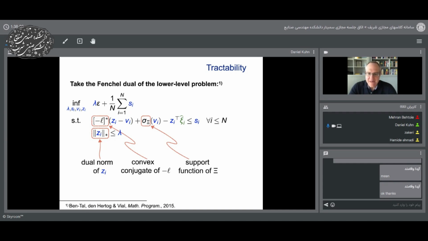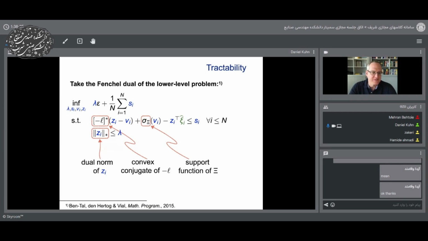So eventually we can reformulate our constraint in terms of the convex conjugate of the negative loss function L, that is minus L star, the dual norm of the vector Zi, which is a dual variable we picked up in this dualization, and the support function sigma Xi of our support set capital Xi.